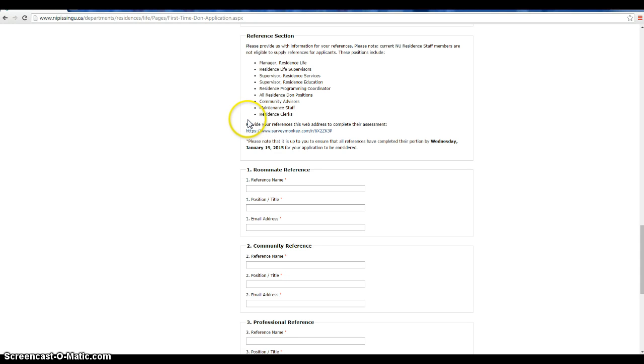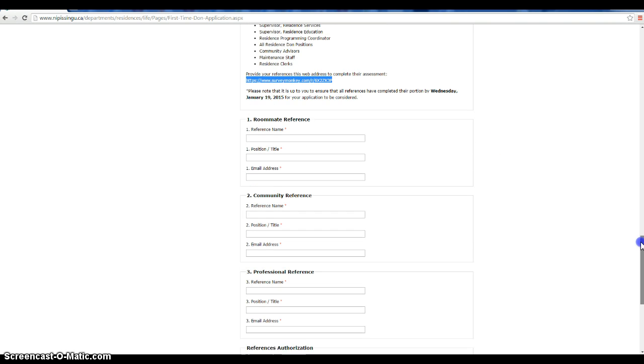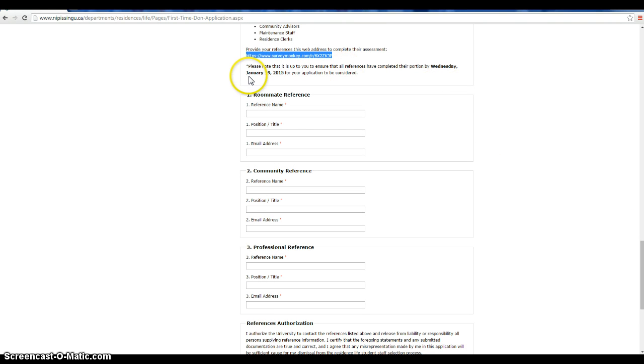So you will have to provide references outside of people who currently work with us. In order for your references to complete their assessment of you, you will send them this link in an email or however you want to reach out to them and have them complete it by the deadline. A reminder again, Wednesday, January 19th.